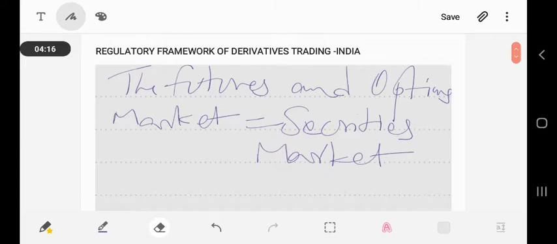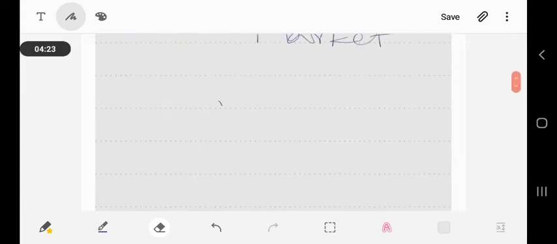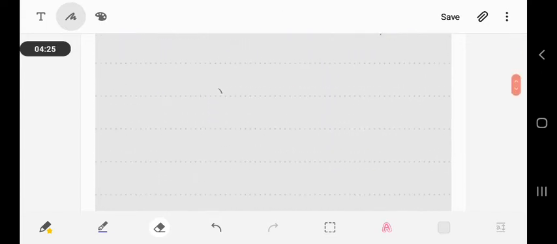Market integrity and efficiency, financial safety, and customer protection are vital to the success of any financial market. What is that?